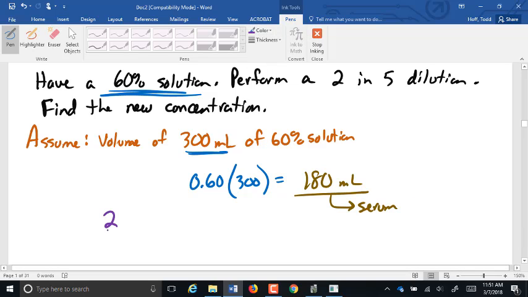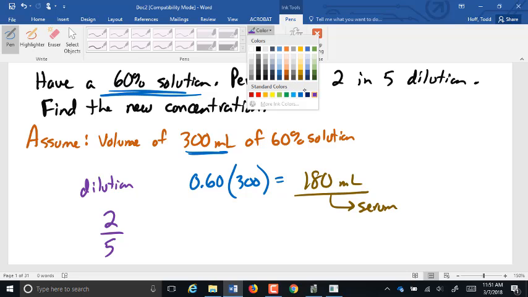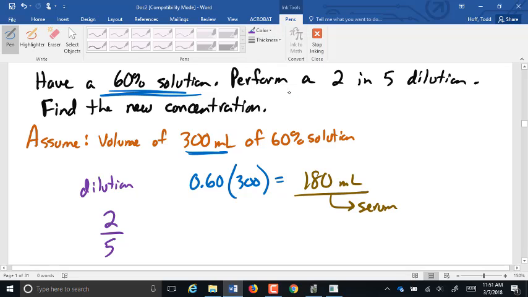Now we have a 2 in 5 dilution. The 2 represents the concentrate. The 5 is going to be the total solution after the dilution.